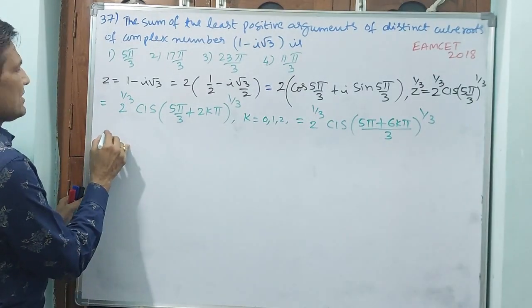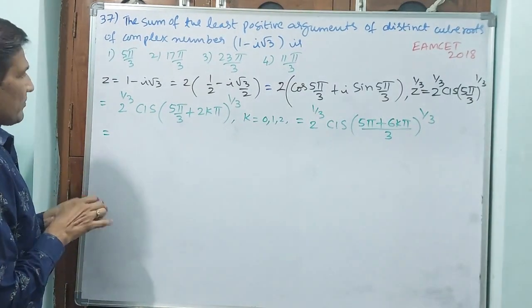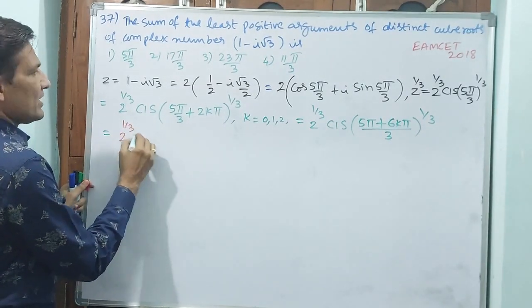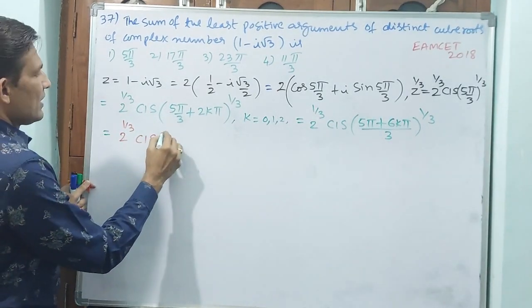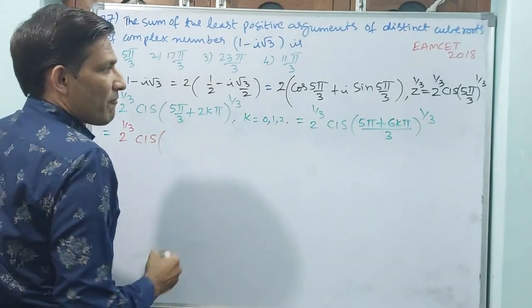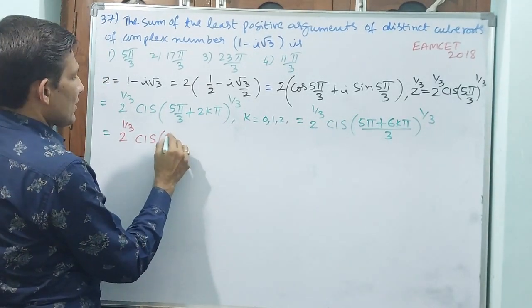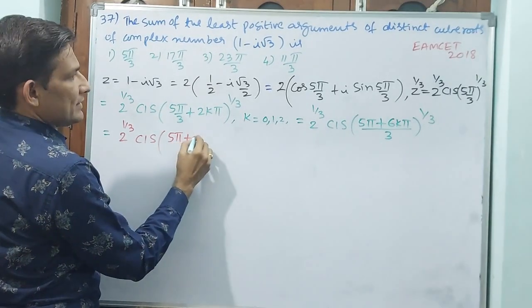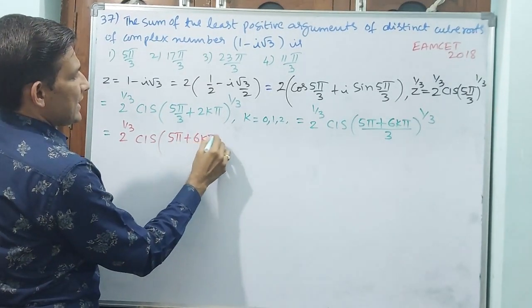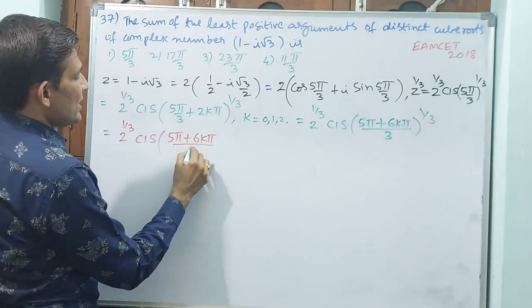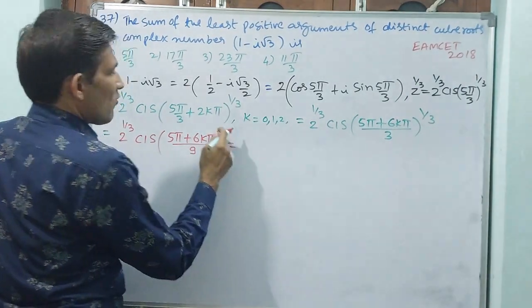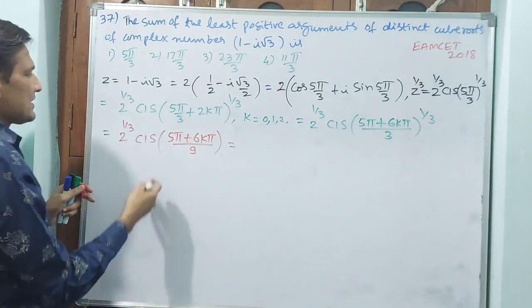Okay, you see that is equal to, if you apply, what will happen? 2 power 1 by 3, this is a constant. CIS is also okay. But here what will happen? 5 pi plus 6k pi divided by 1 by 3 into 3, 9. Now 1 by 3 is not there as a power because I have already sent it inside.